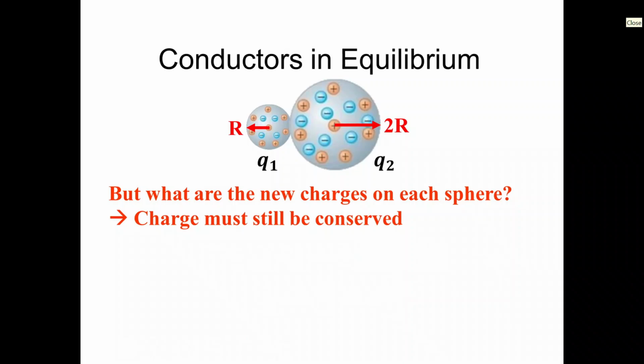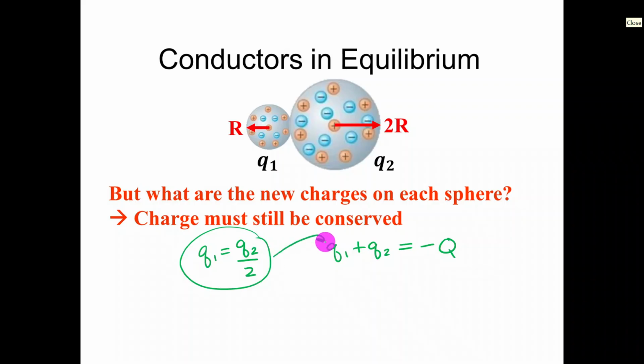So what do these new charges have to be? So we said that Q1 is going to be Q2 divided by 2, and Q1 plus Q2 has to add up to a negative Q. So what I can do is I can just take this guy right here and sub in.